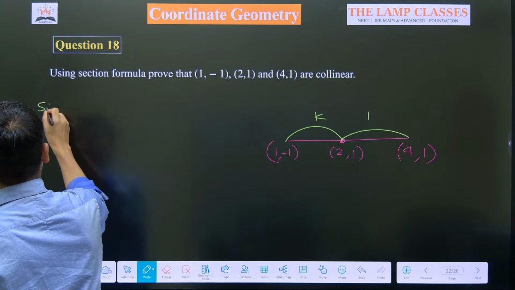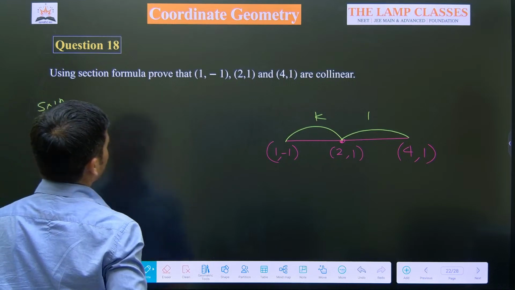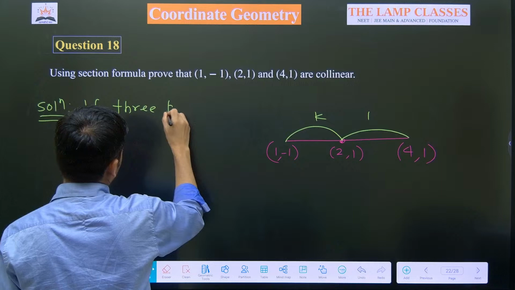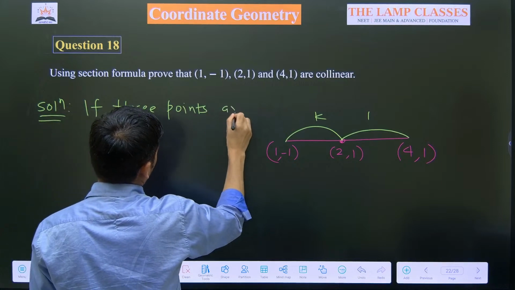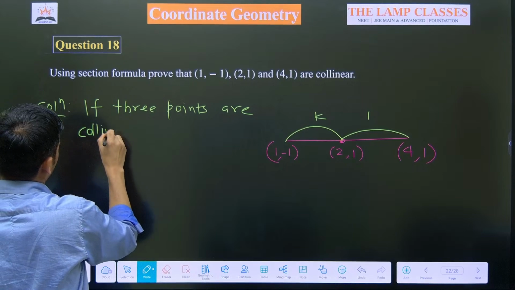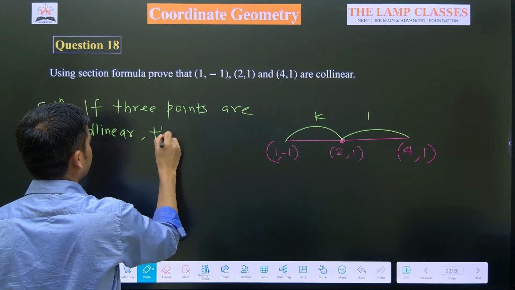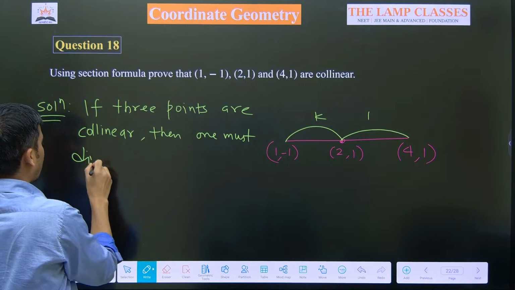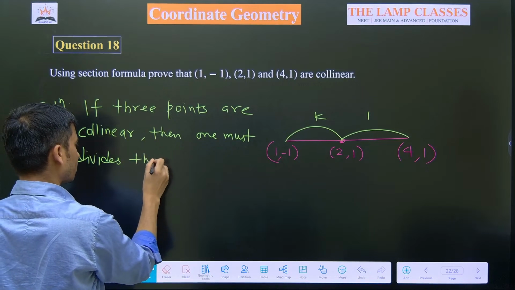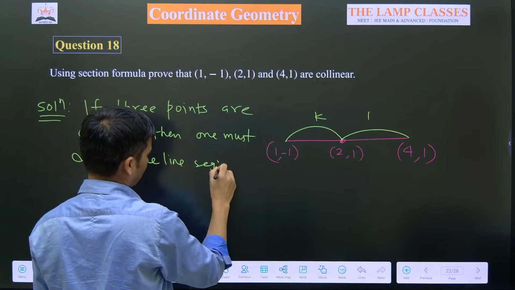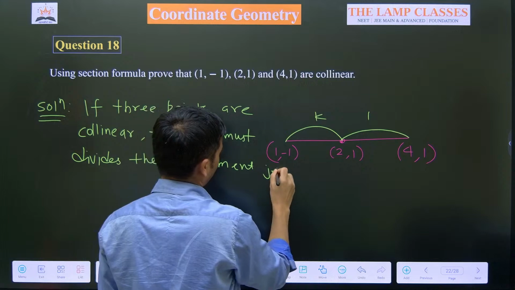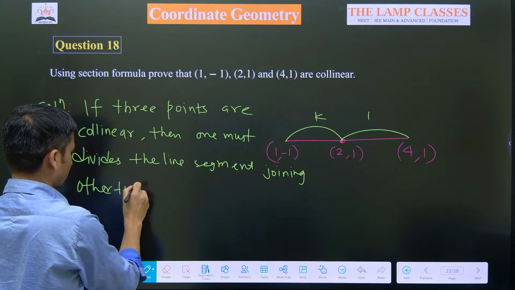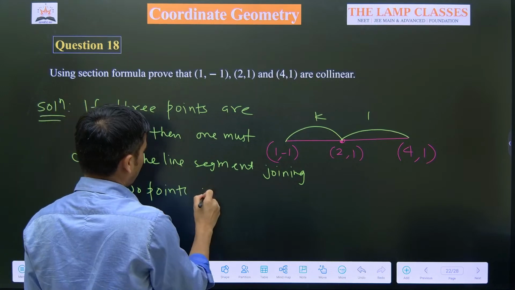So let's write the solution. If 3 points are collinear, then one must divide the line segment joining the other 2 points in some ratio.